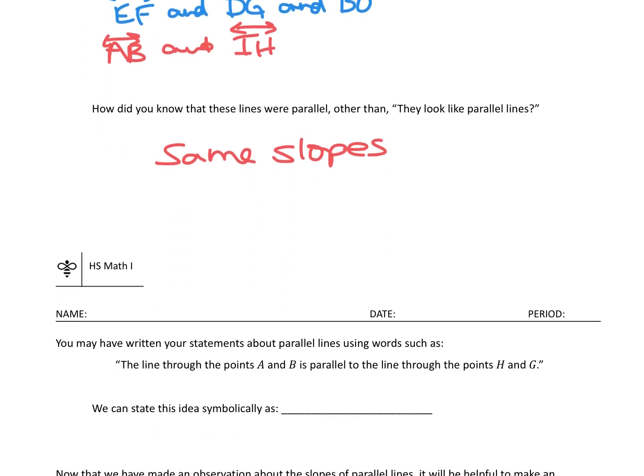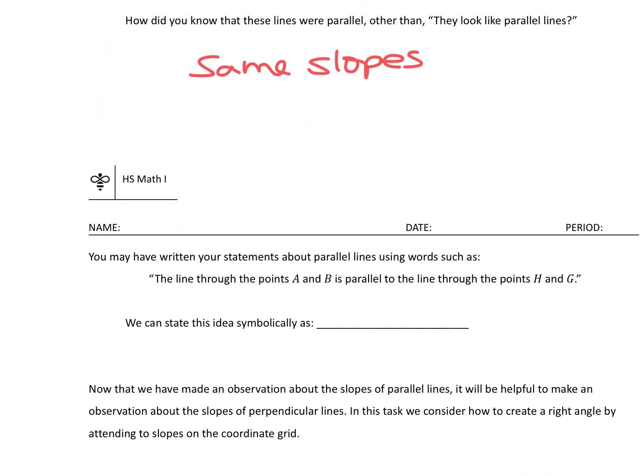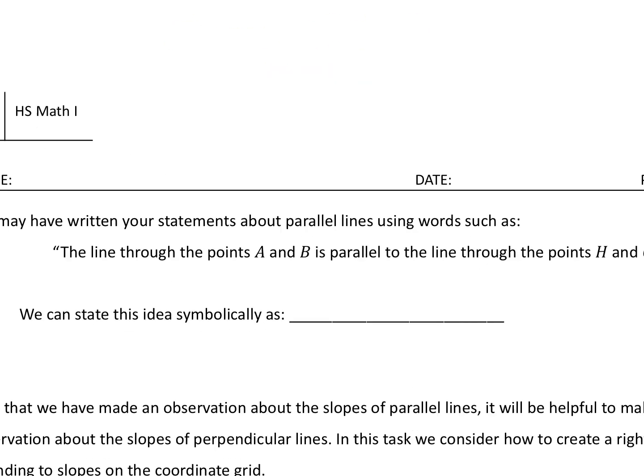On the next page, we actually learn a symbol to help us write the word parallel if we don't want to write that word. This will be really helpful, just for shorthand. So we can state the idea that 2 lines are parallel symbolically by writing this.